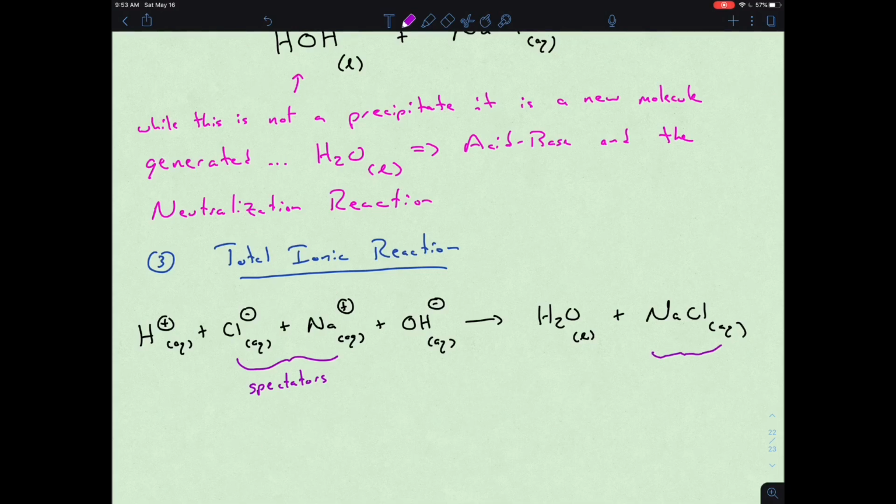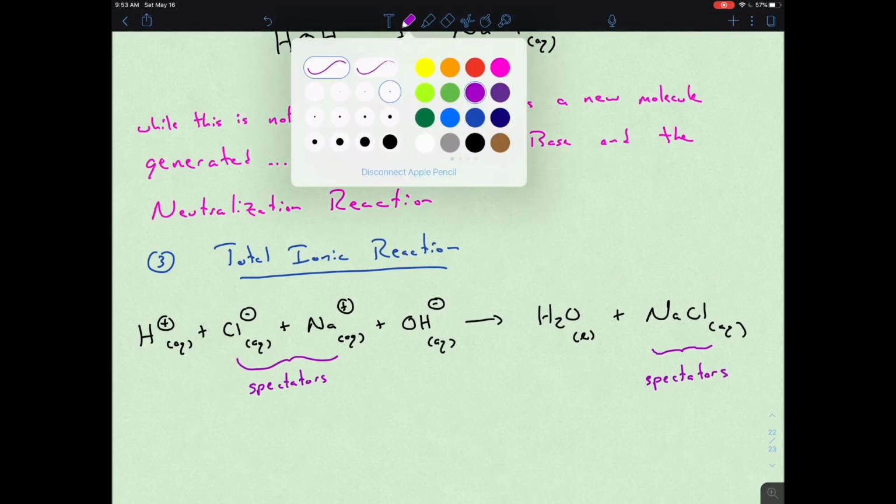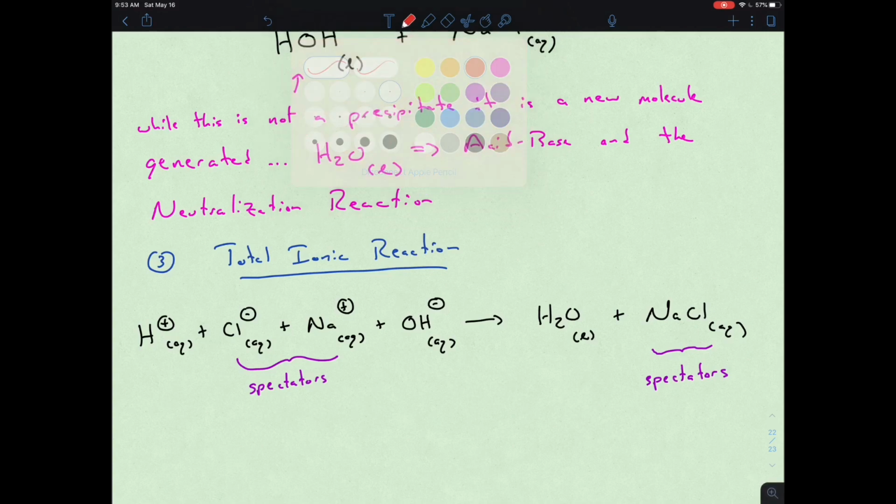We see that with the sodium ion and the chloride anion, not really doing any chemistry here. Just kind of along for the ride. And then we have our players.